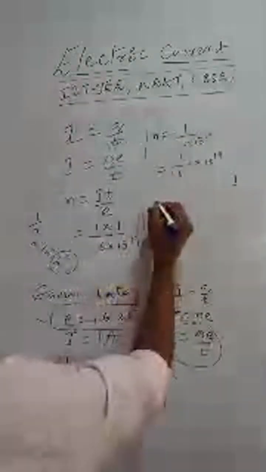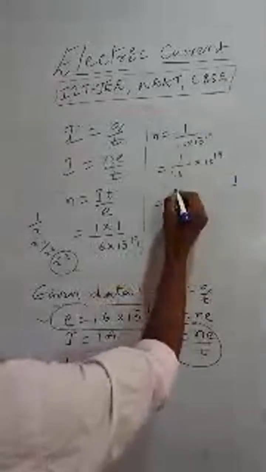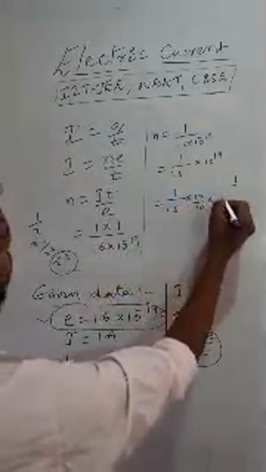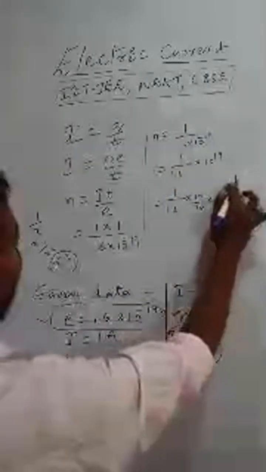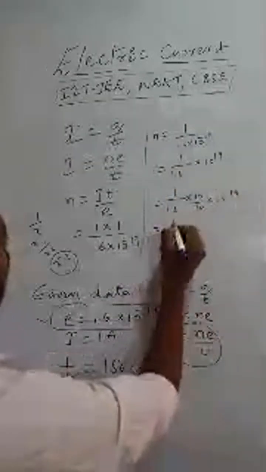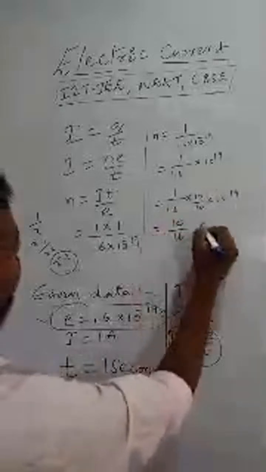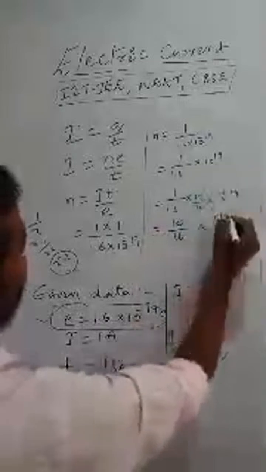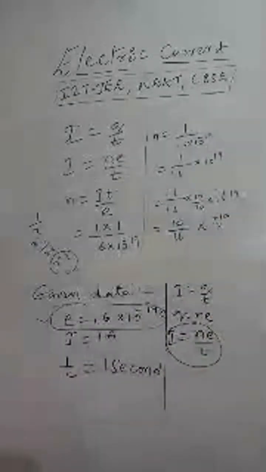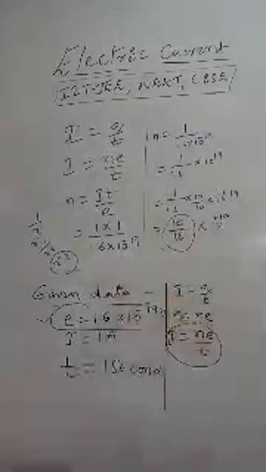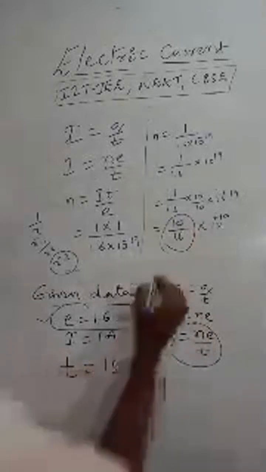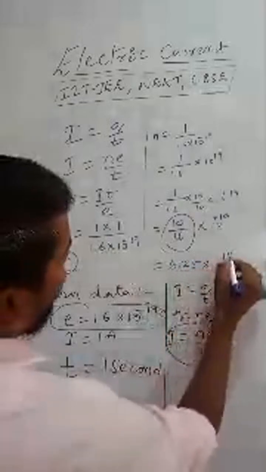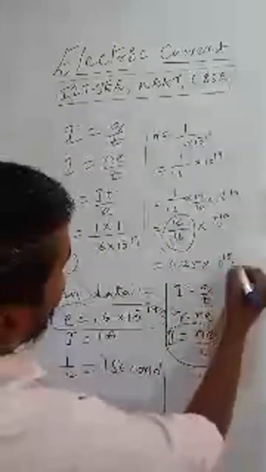Then 1 by 1.6 into 10 by 10 gives 10 by 16 into 10 power 19, plus 19. If you solve this entire thing, you'll get overall 6.25 into 10 power 18 electrons.